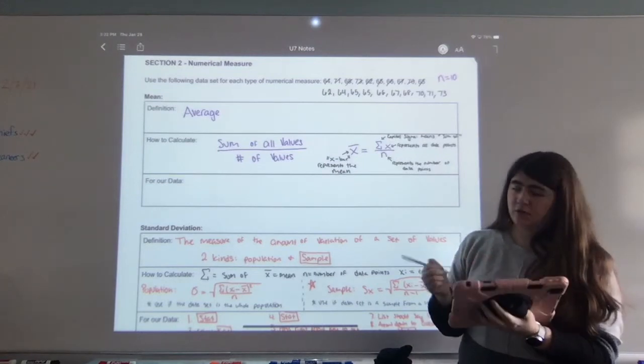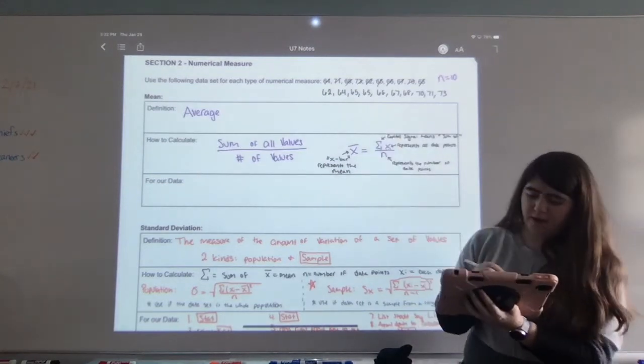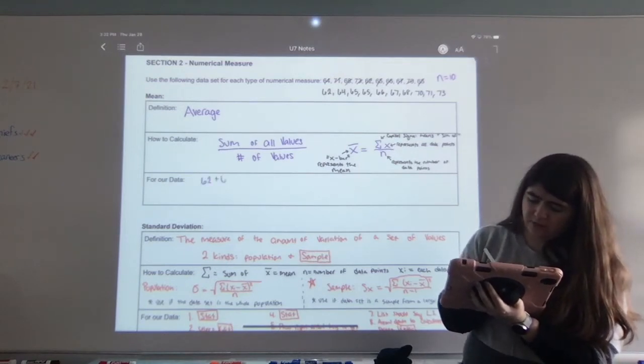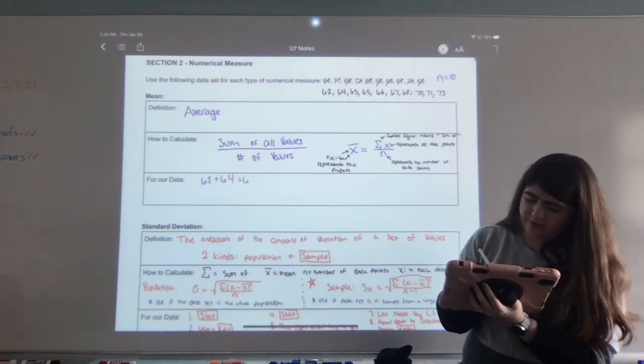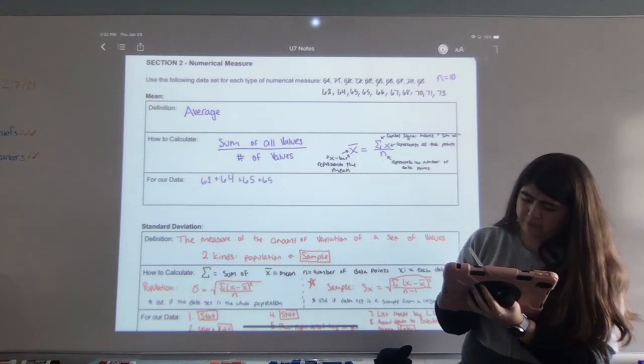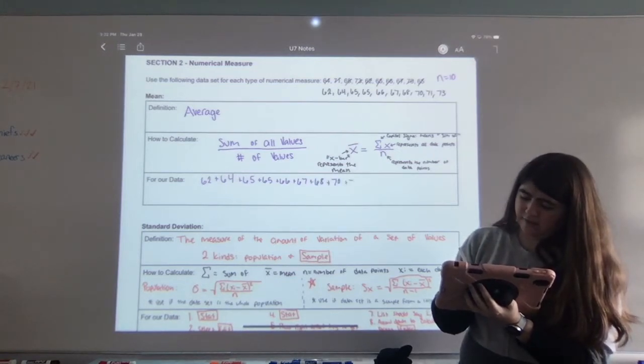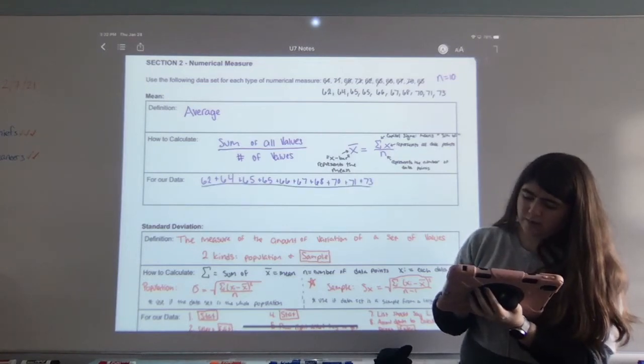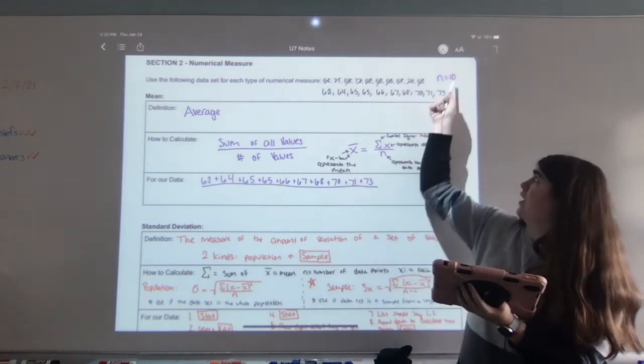We need to take all these data points, add them together, and put them on the top of our fraction. So I have 62 plus 64 plus 65 plus 65 plus 66 plus 67 plus 68 plus 70 plus 71 plus 73, and that's all divided by the total number of data points, which we found to be 10.